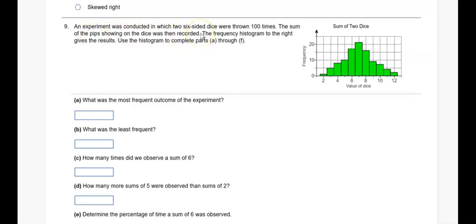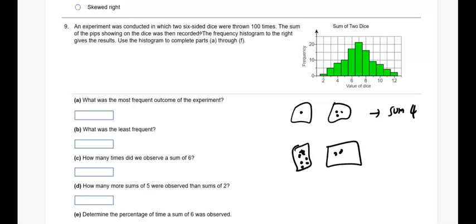Notice that maybe one die is 1 and the other die could be 3, so the sum is 4. At most the sum is going to be 12, because one die could have 6 and the other die could have 6 as well.